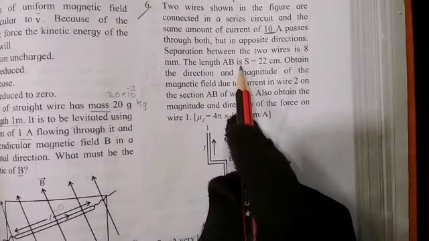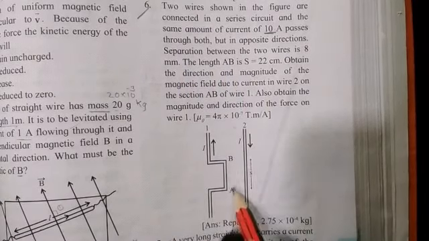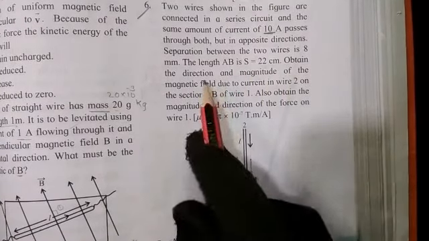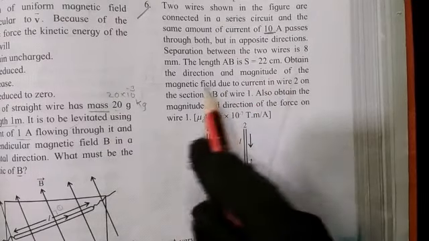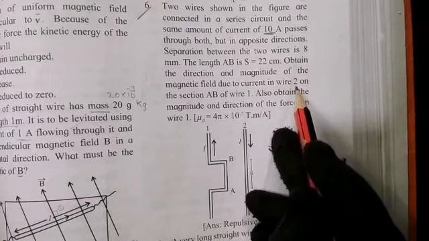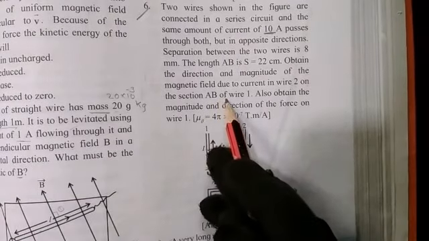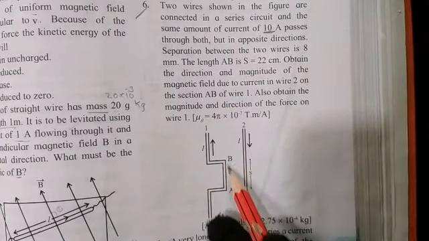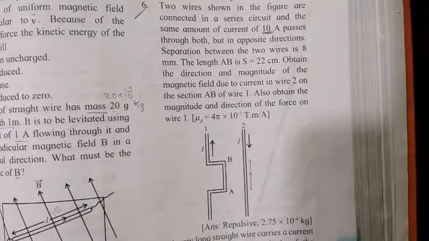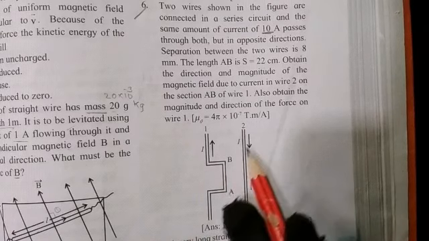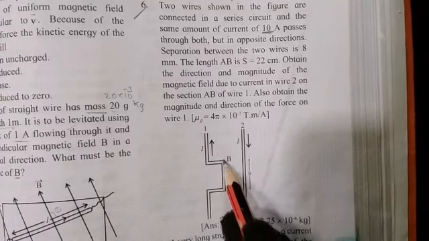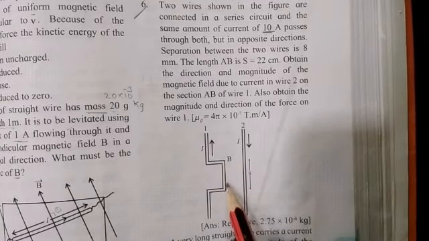The length AB is S equal to 22 centimeter. Obtain the direction and magnitude of the magnetic field due to current in wire 2 on the section AB of wire 1.